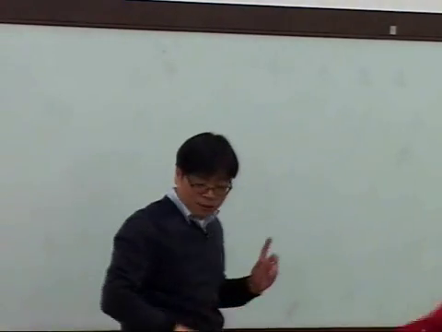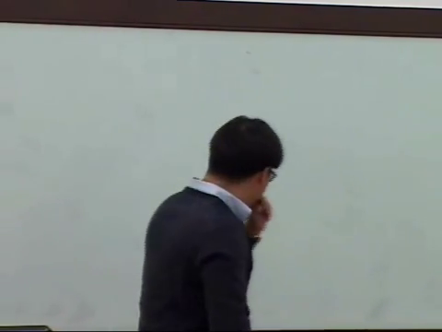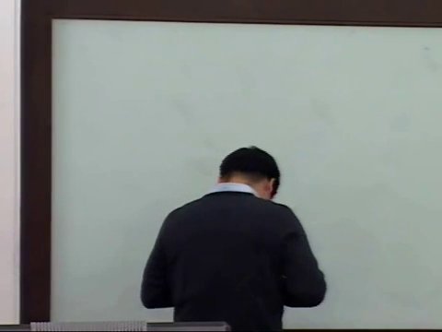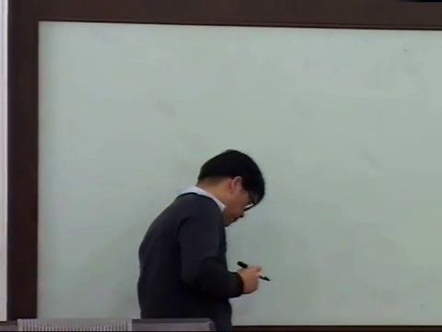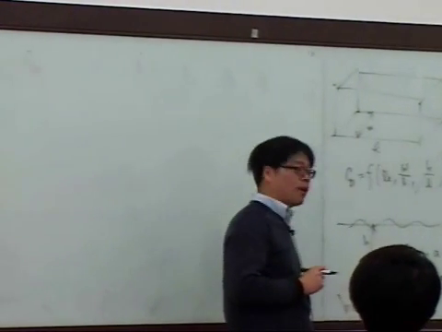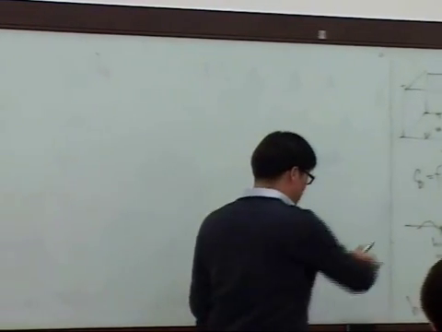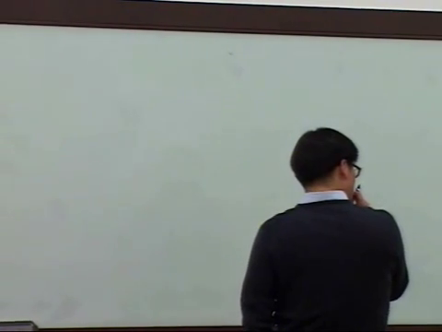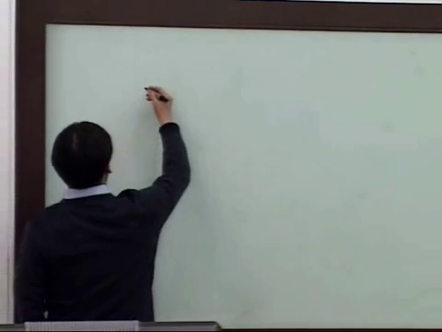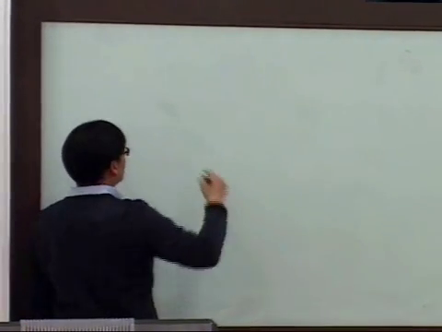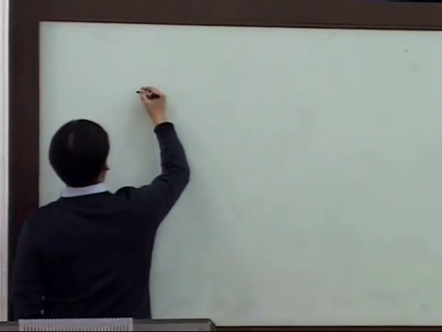Oh, another, I forgot one thing. The thing that I forgot is dynamic similarity, which is related to this. So before I talk about non-dimensionalization, let me talk about this.